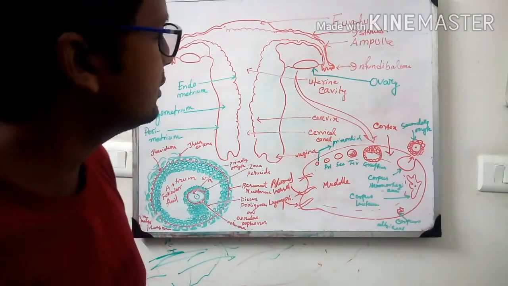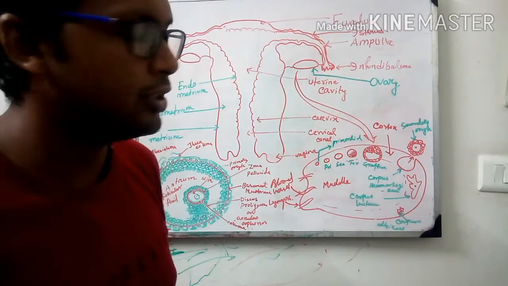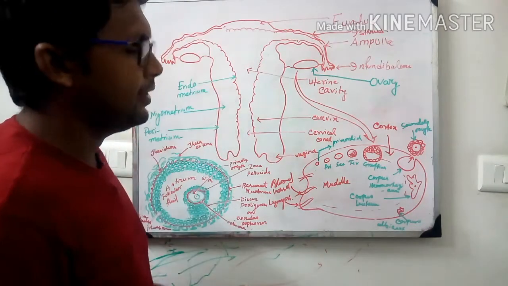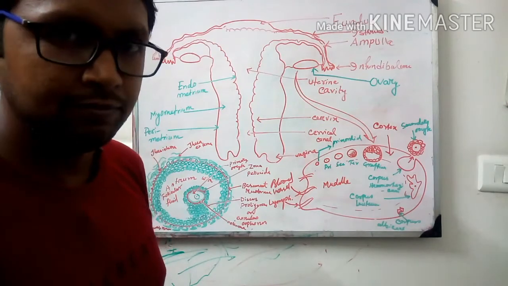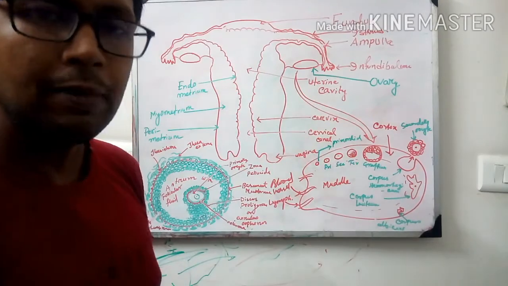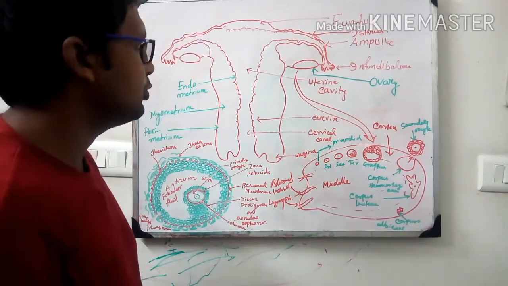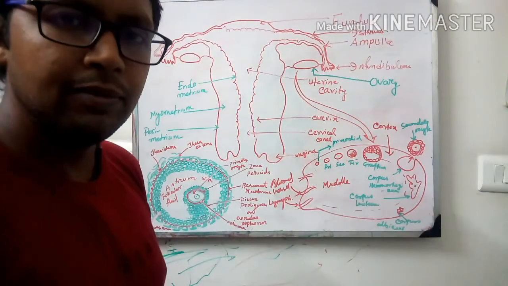Primary reproductive organs are, in the case of males, the testes. In the case of females, it is the ovary. The ovary is the site of production of female gametes. This is the primary reproductive structure where the female gamete, that is the ovum, is produced, and these others are the accessory, that is the secondary, reproductive structures.